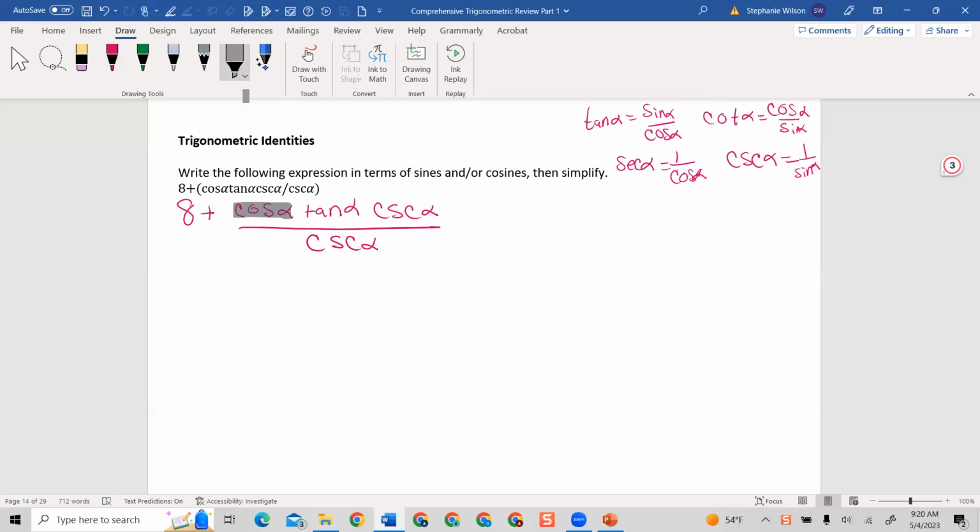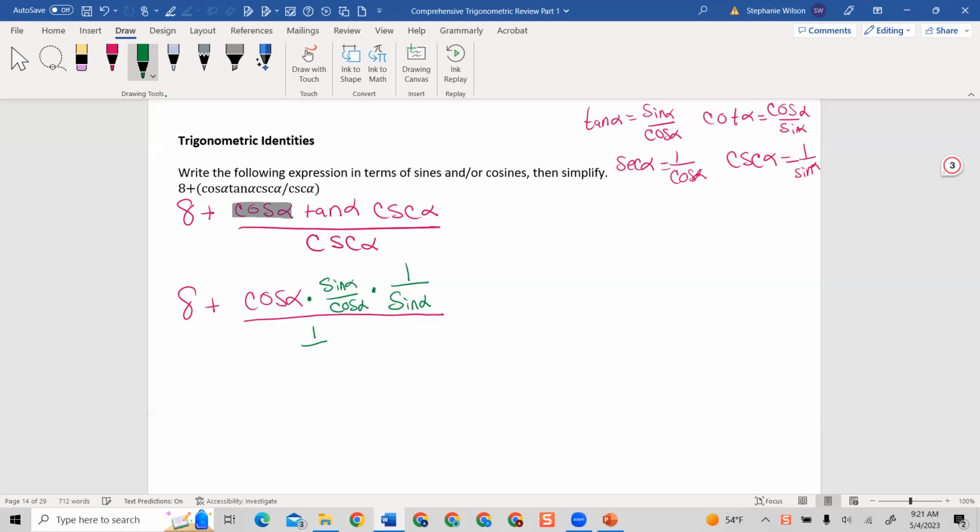I got cosine here. So let's rewrite tangent and cosecant. So tangent is sine over cosine. Cosecant, we just said, is going to be 1 over sine.